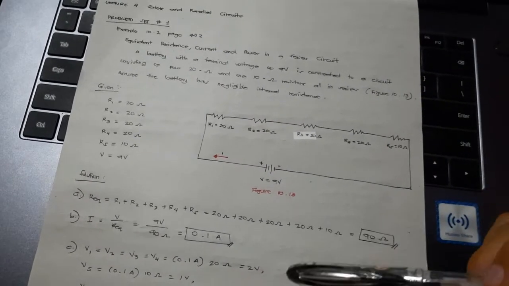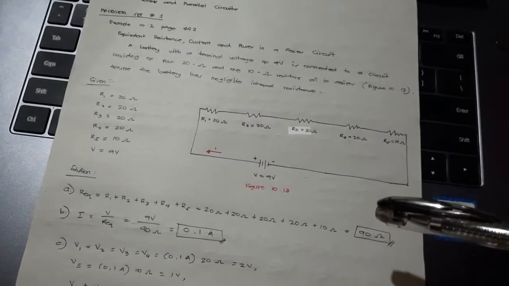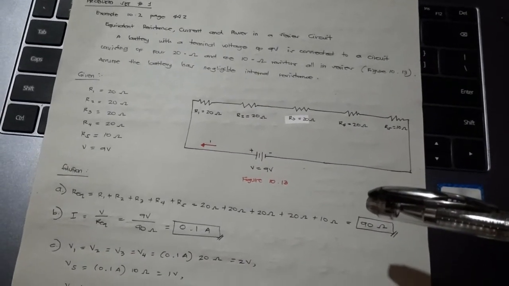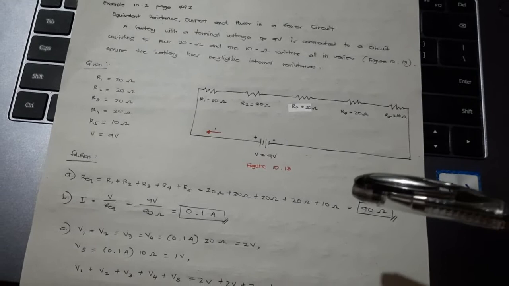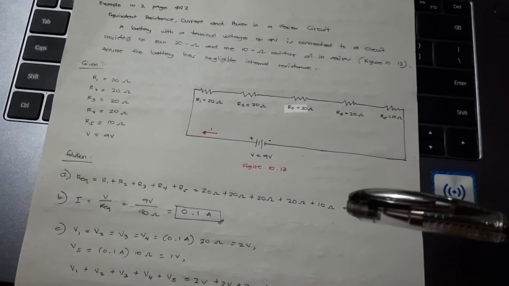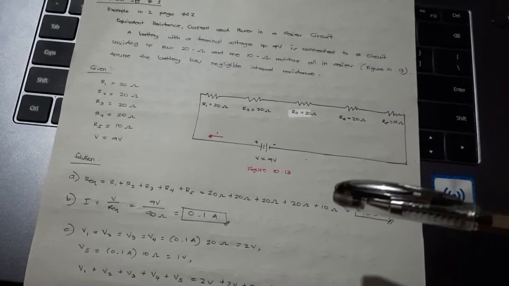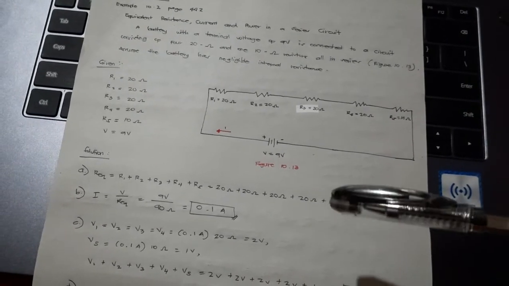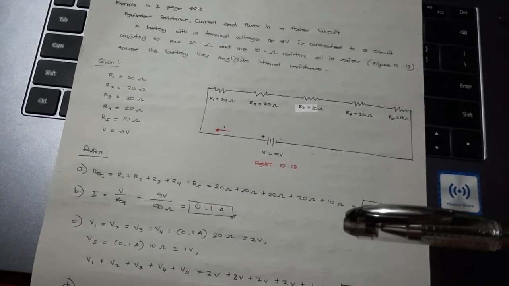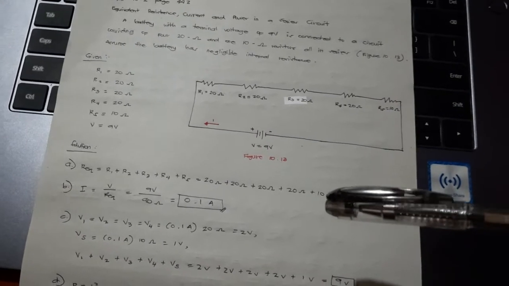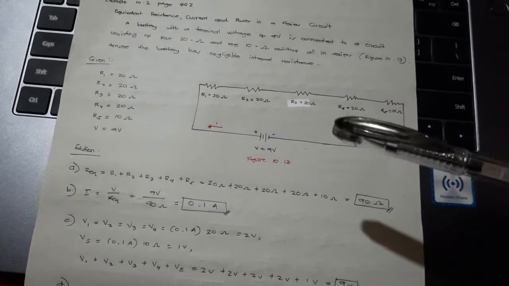In this series circuit, the equivalent resistance is the algebraic sum of the resistances. The current through the circuit can be found using Ohm's law and is equal to the voltage divided by the equivalent resistance. The potential drop across each resistor can be found using Ohm's law.